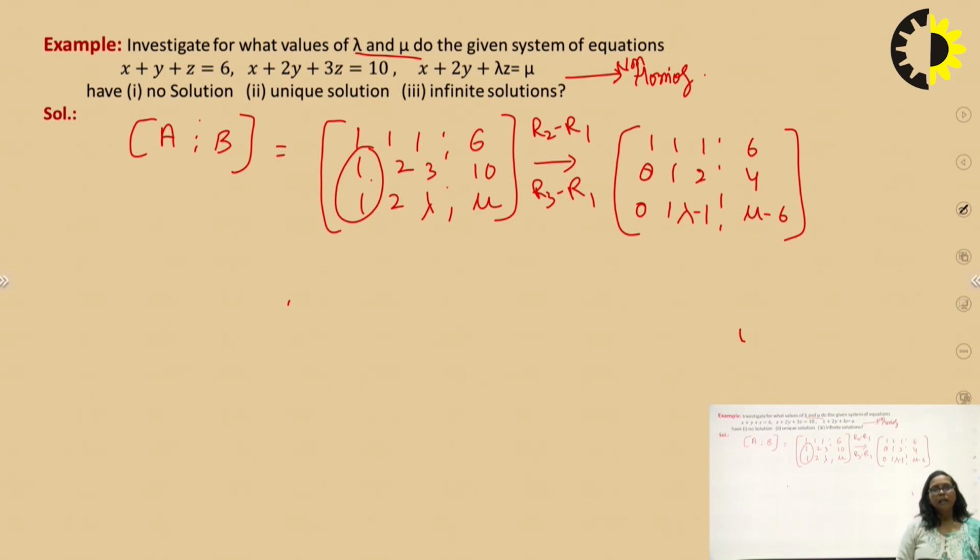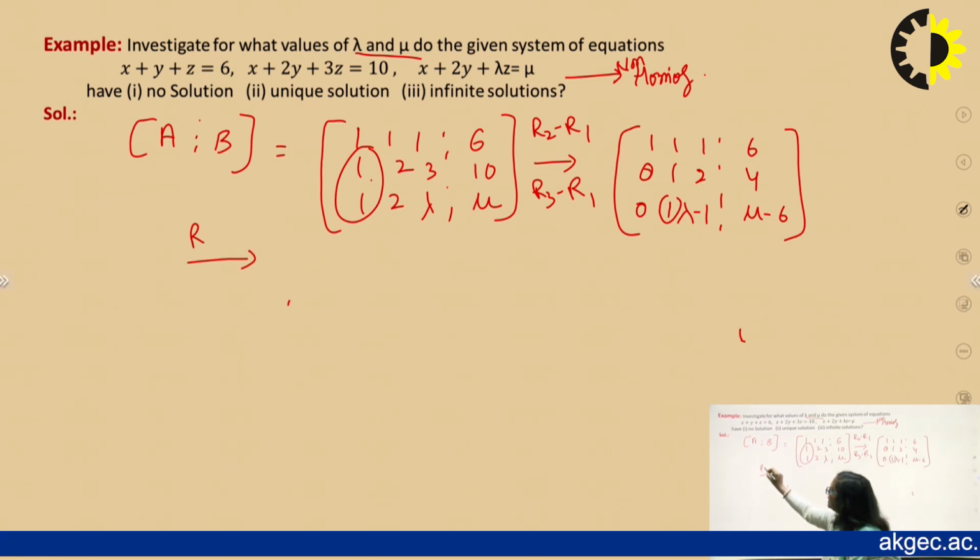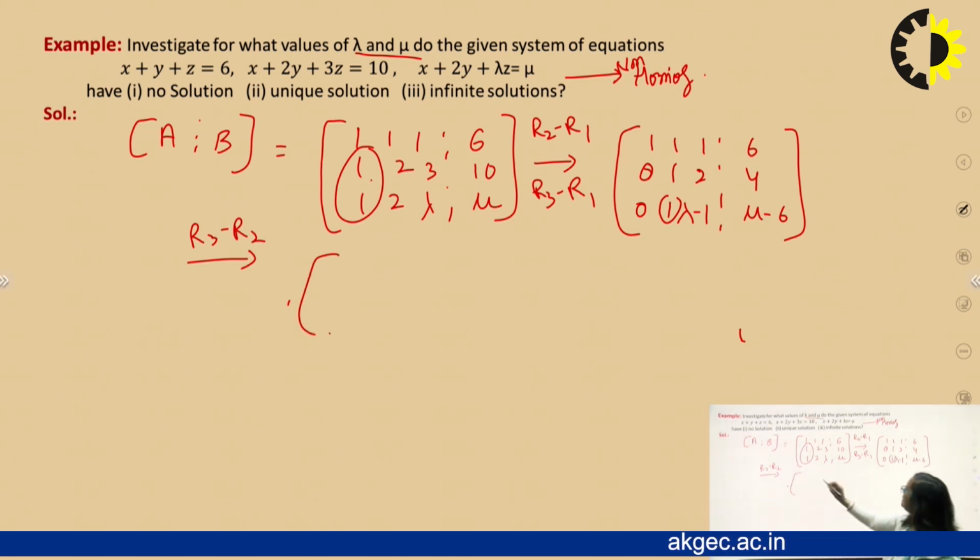Now I need to make this element also equal to 0 to convert it to echelon form. So I apply the next transformation, R3 minus R2. The first row remains the same, 1, 1, 1, 6. The second row remains the same, 0, 1, 2, 4.